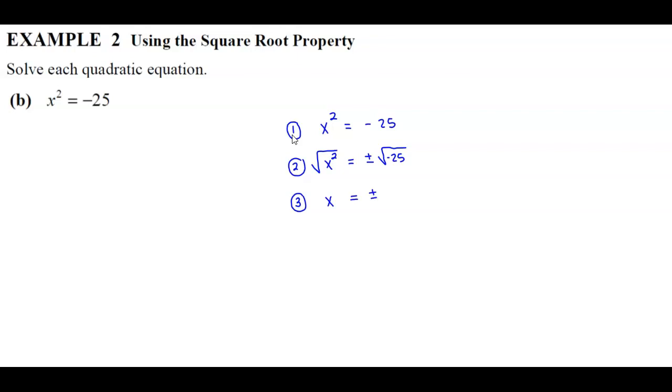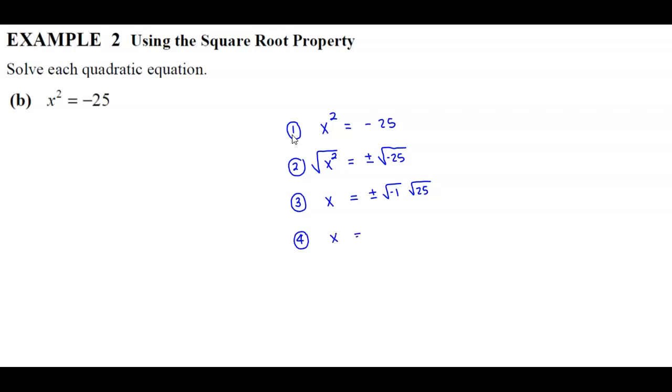plus or minus. Now, if you notice, we have a negative under the radical sign. So that tells us that we're going to have a pure imaginary solution, which means that we need to factor out the square root of negative 1. So we have the square root of negative 1 times the square root of 25. Okay, so what do we know about that?